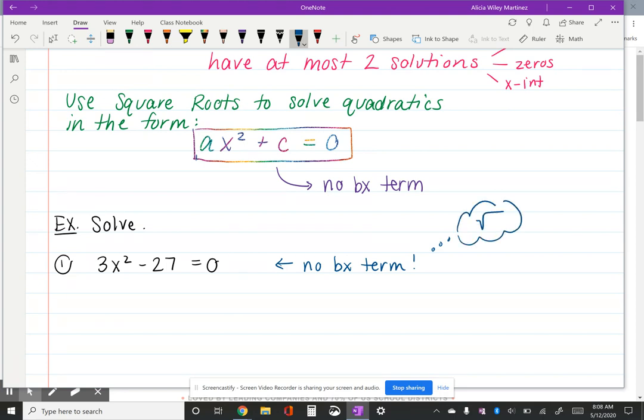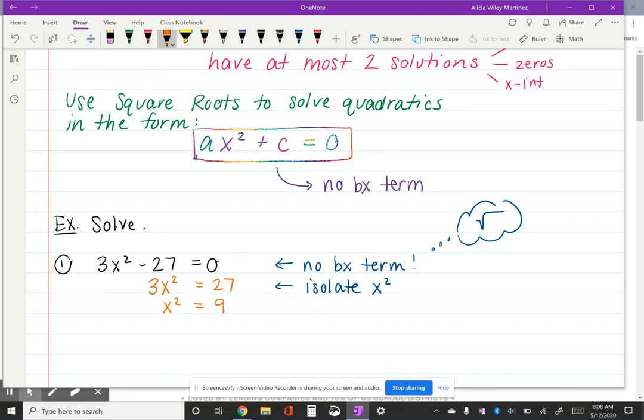Okay, so in order to use the square root method, the first thing that you need to do is isolate x squared. So to do that, I'm going to add 27 on both sides, leaving me with 3x squared equals 27. And again, I want to get x squared by itself, so I'm going to divide both sides by 3, giving me x squared equals 9.